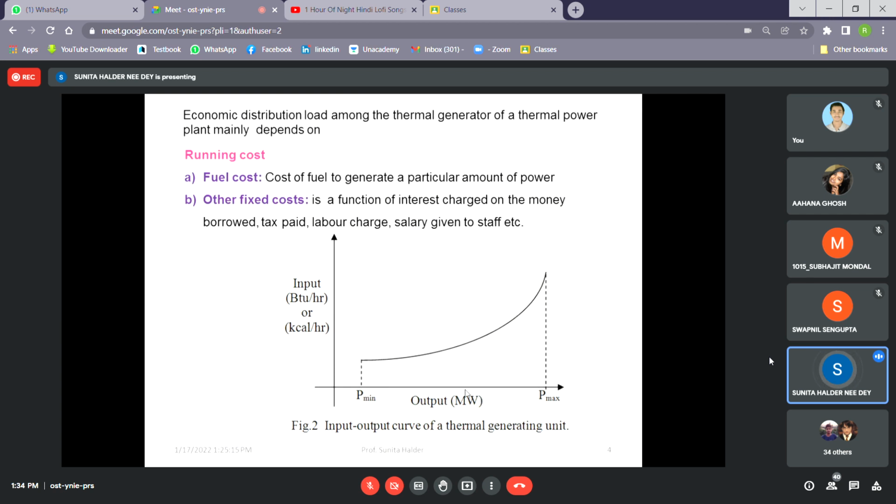This variation is like a parabola, and these characteristics are entirely dependent on that particular generator. We cannot write a definite formula for this input-output cost function.